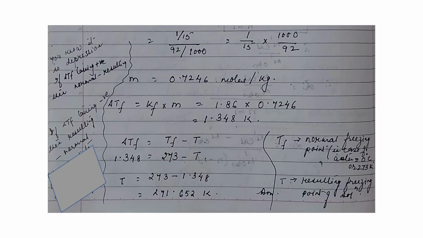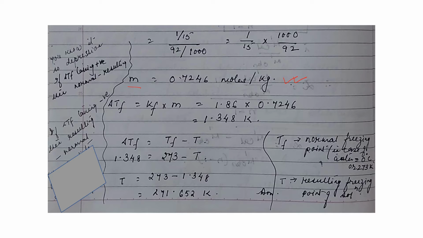Why 92 by 1000? Because 92 is the weight of the solvent in gram; to make it in kg, we have divided it by 1000. So after calculating this, we are getting the value of m, that is the molality, as 0.7246 moles per kg.